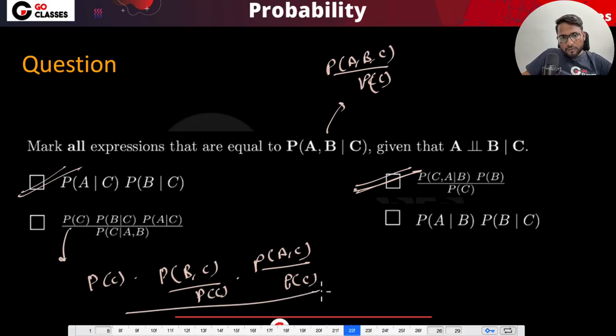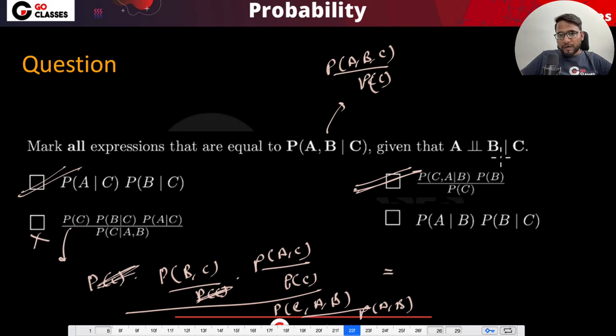Probability of C upon probability of C comma A comma B upon probability of AB. So I think this thing is getting cancelled out. Okay, this is AB. I don't think there is any relation between these two, because this is ABC, and then this is some pairwise probability. I don't think there is any relation, so this is not true.